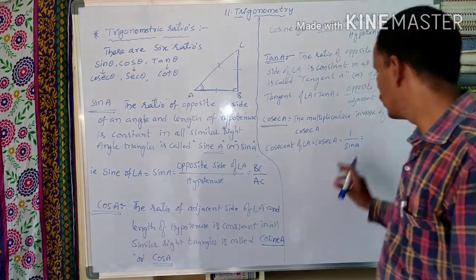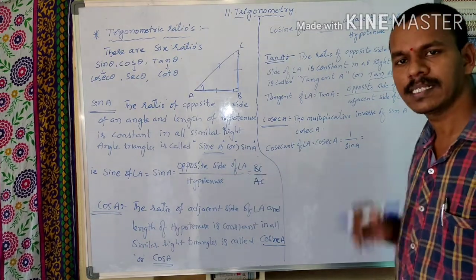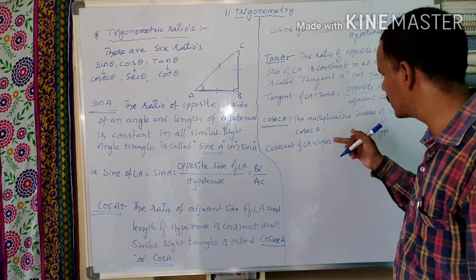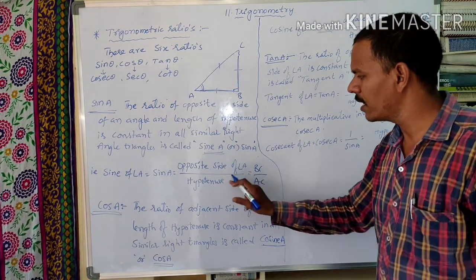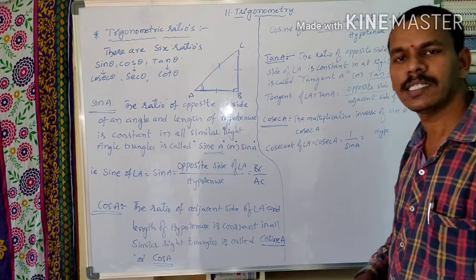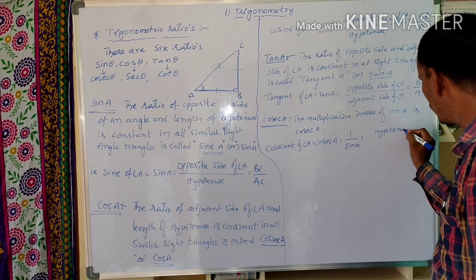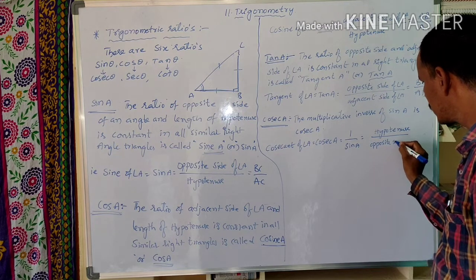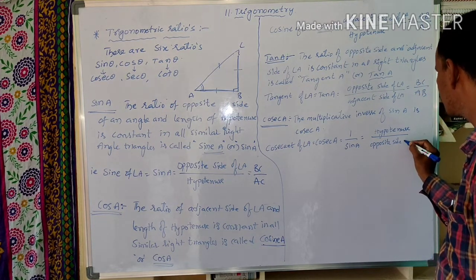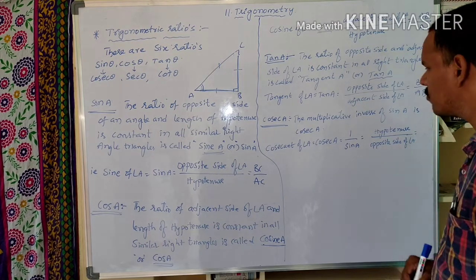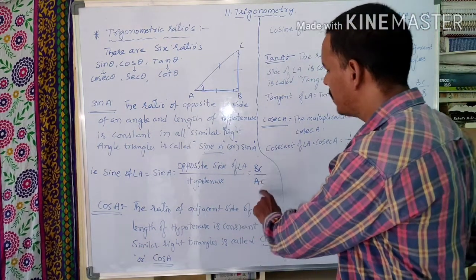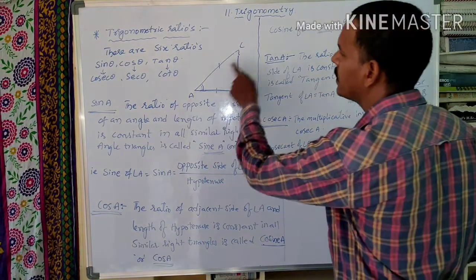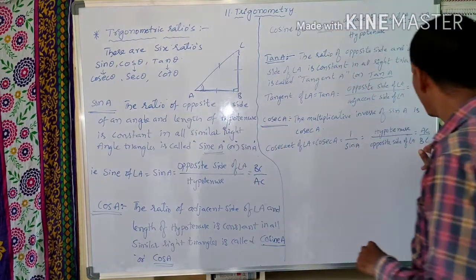Its reverse is cosec A, that is, hypotenuse by the opposite side of angle A. What is the hypotenuse here? Sin A is BC by AC, and its reverse is AC by BC. So the hypotenuse is AC and the opposite side is BC.